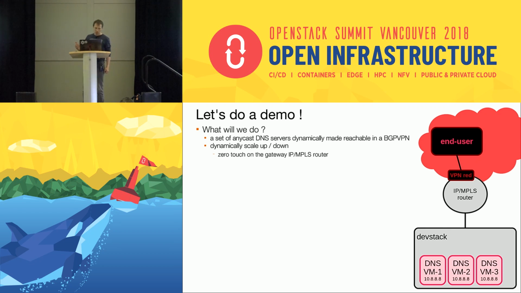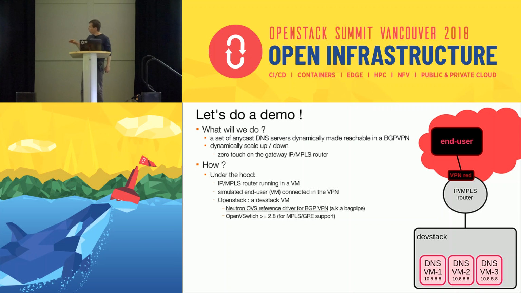So all this, again, is done without touching the router configuration. There is a one-shot router configuration related to connecting the end user into these VPNs, but that's not part of the OpenStack cloud. But the creation of additional DNS VMs does not involve any interaction with the router, and making them reachable does not involve any interaction with the router.